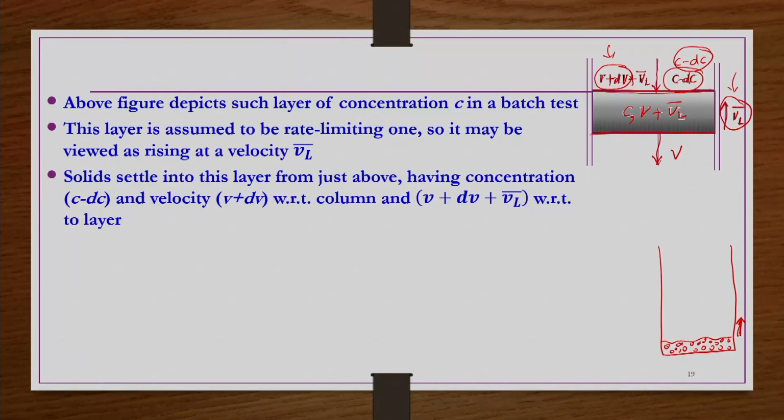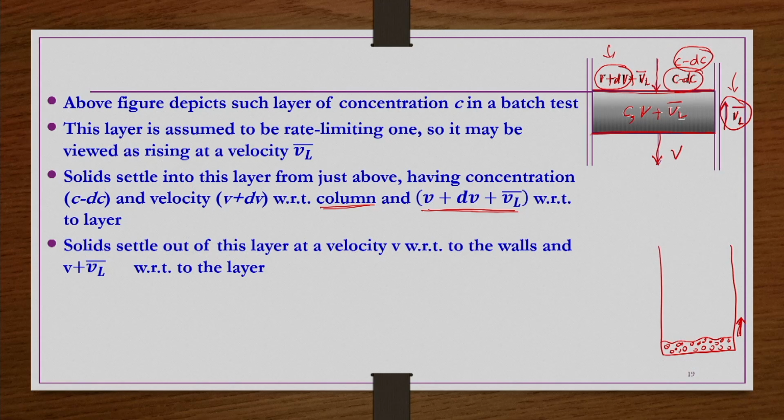Solids settle into this layer from just above, having concentration C minus dC and velocity V plus dV with respect to the column, that is the container wall, and V plus dV plus VL bar with respect to the layer.